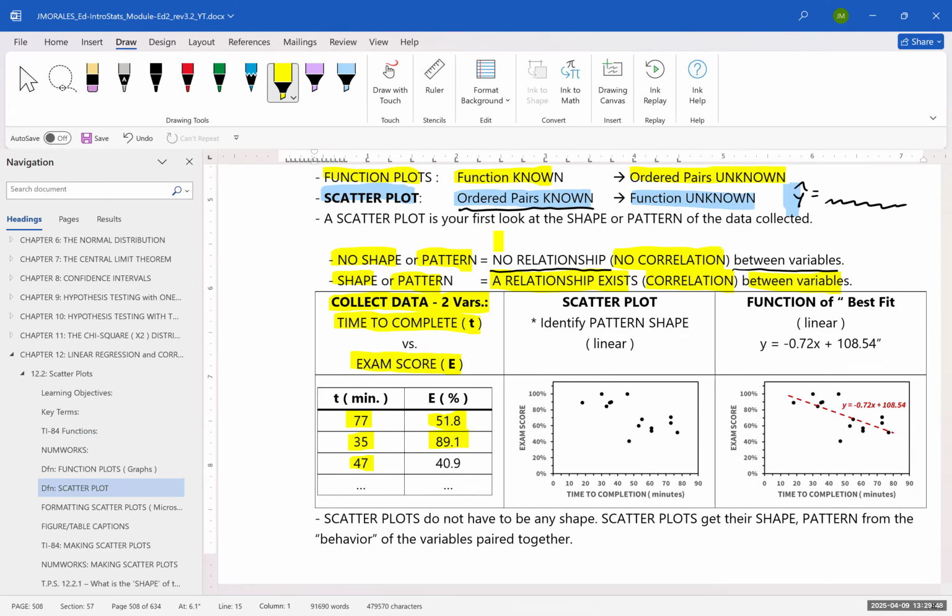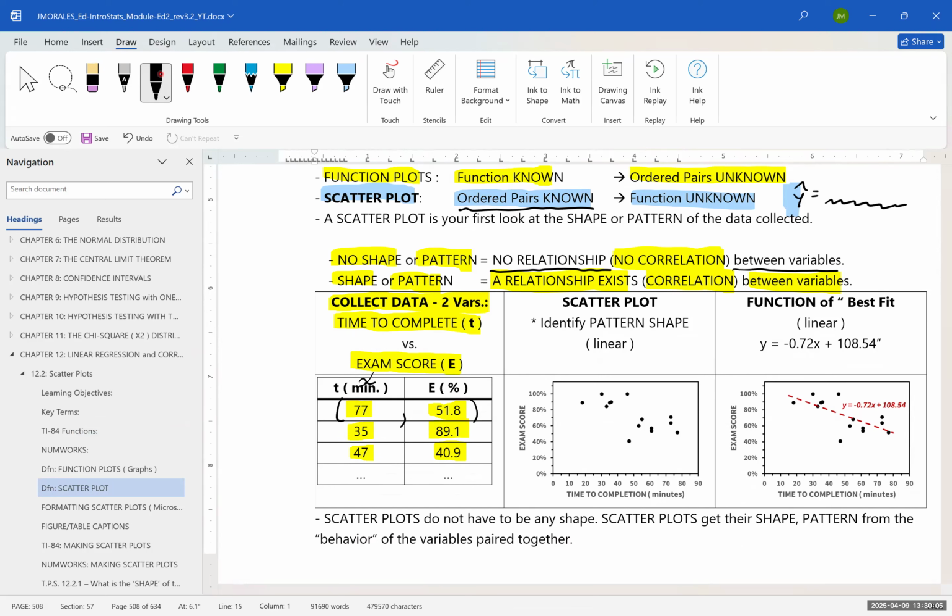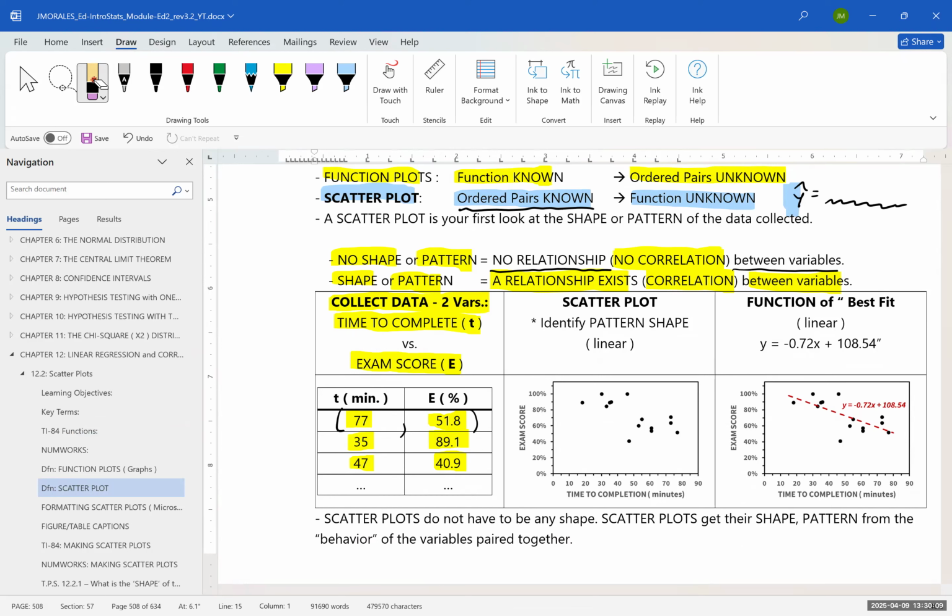Another student completed the exam in 47 minutes and got a 40.9%. We can take all of those ordered pairs, where time is on the x-axis and the exam score is on the y-axis. And that generates a scatter plot.